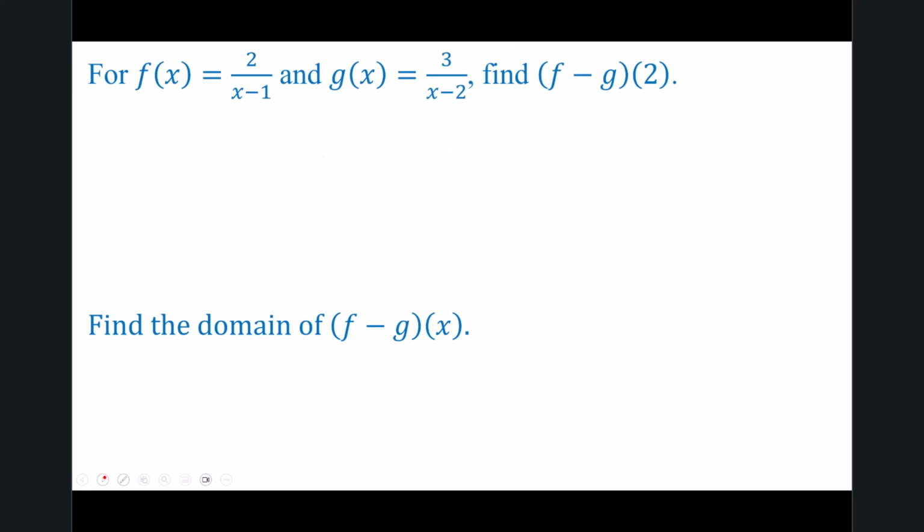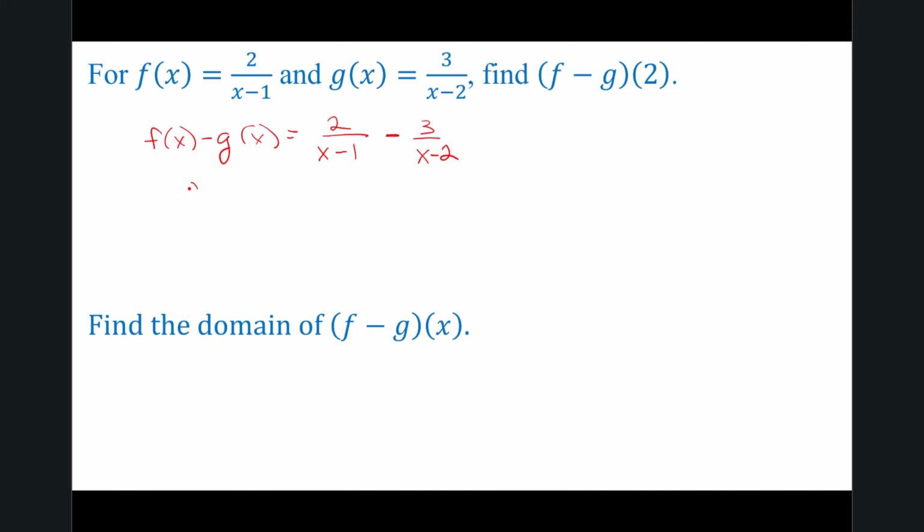For f of x equals 2 divided by x minus 1, and g of x equals 3 divided by x minus 2, find f minus g of 2. We can find f of x minus g of x, or f minus g of x, would be 2 over x minus 1 minus 3 over x minus 2.